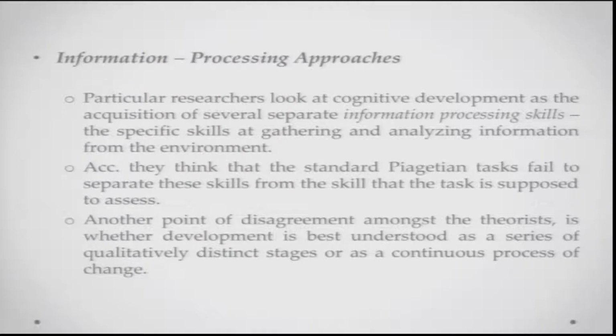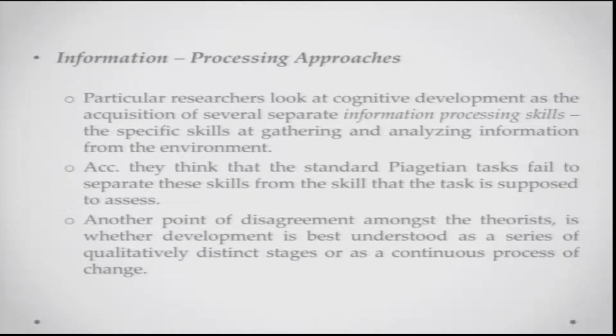The first alternative that comes up in response to Piaget's theory is coming from the information processing approaches. Information processing approaches basically believe that children are good at gathering specific skills, and they are learning to analyze specific information coming from the environment and react accordingly.